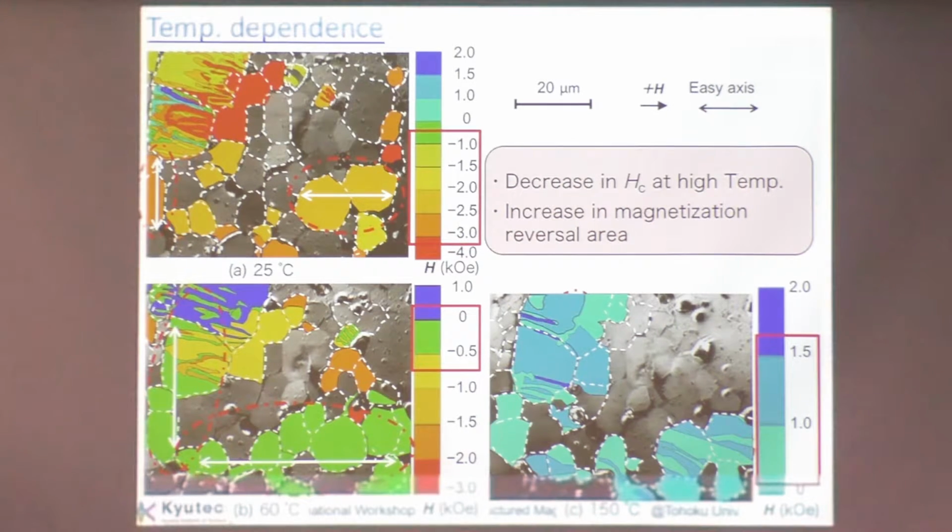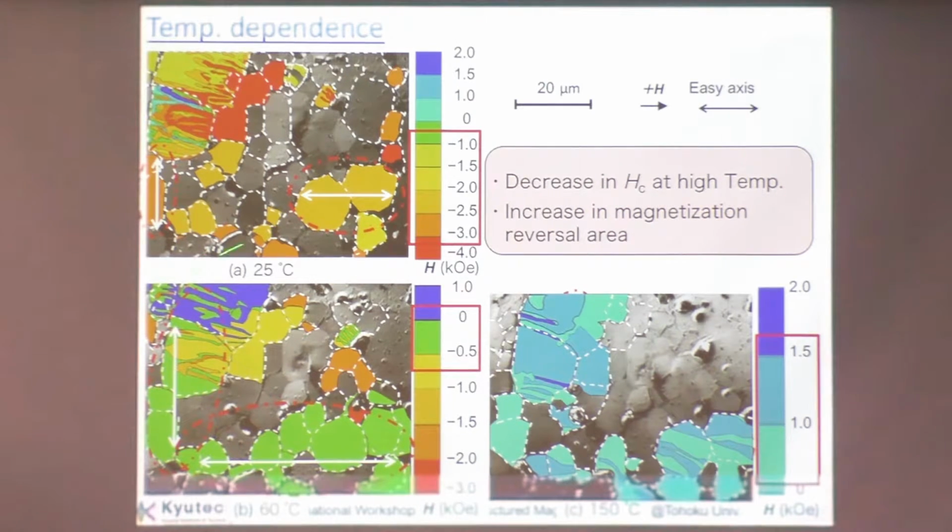You can see the magnetization reversal occurred in this colored area. Simultaneous magnetization reversal occurred at room temperature and at elevated temperature. But the magnetic field at which the magnetization reversal occurs is changed.